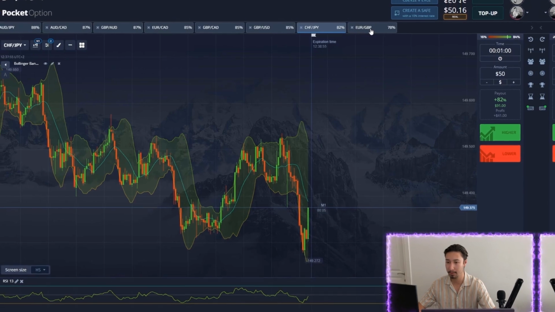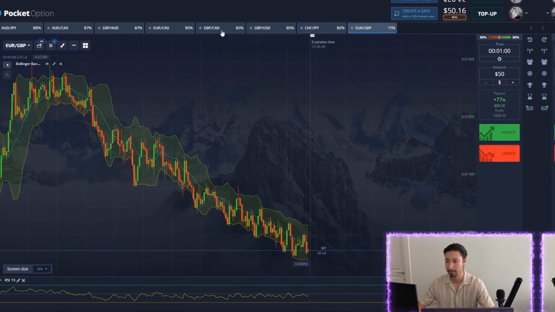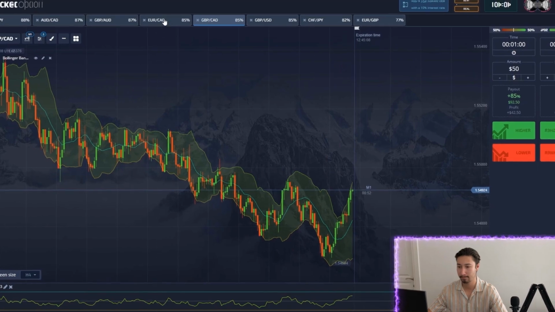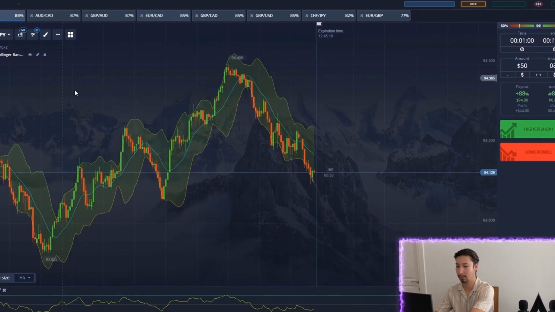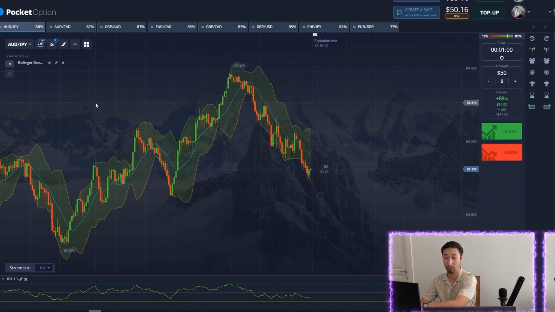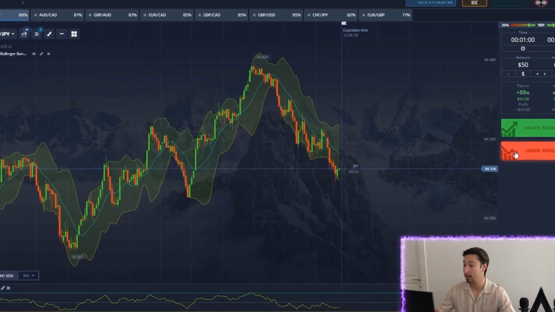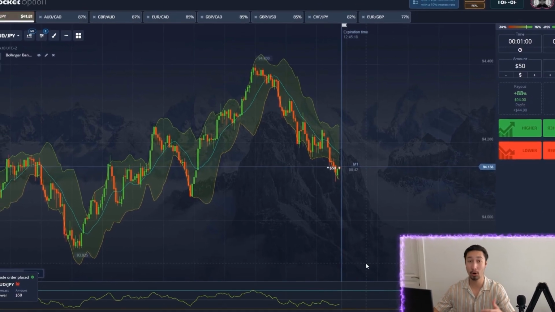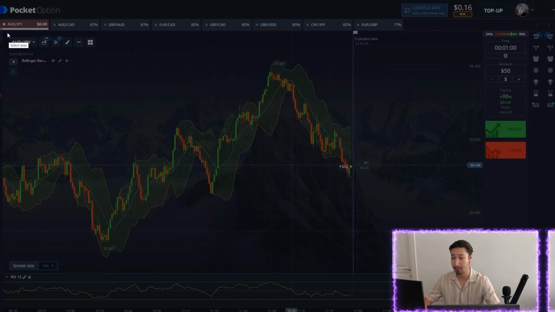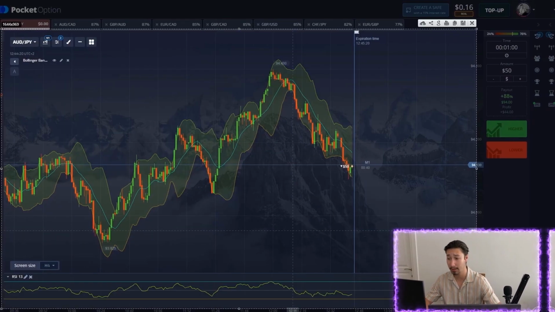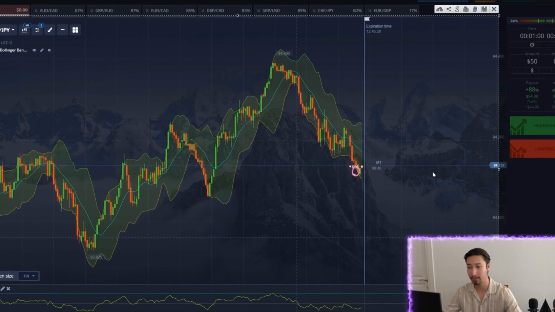Let's find the better currency pair. Okay, we see the pullback here. I think we should open a short here. Yep, the touch has happened here, and the price should probably go up, but I don't think so.